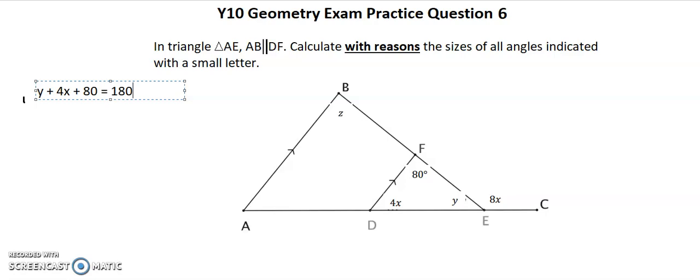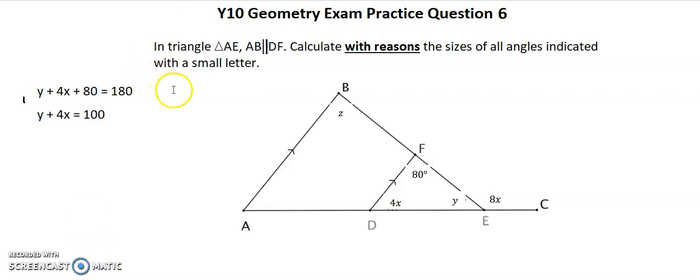I can also take 80 from both sides because it's an equivalent relationship. So y plus 4x is equal to 180 take 80, which equals 100 degrees.